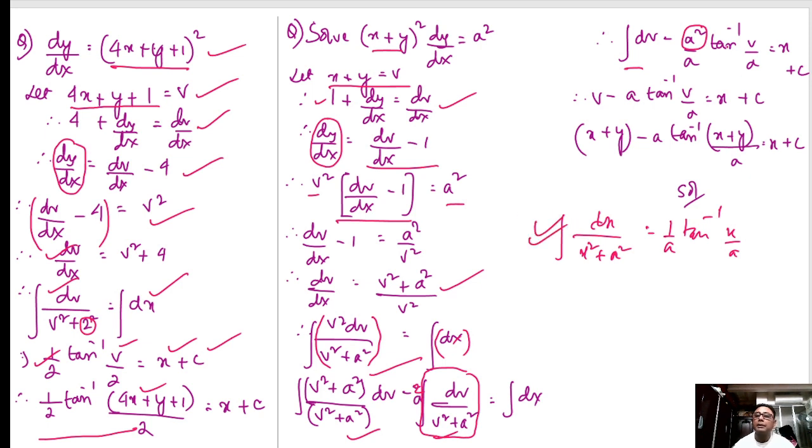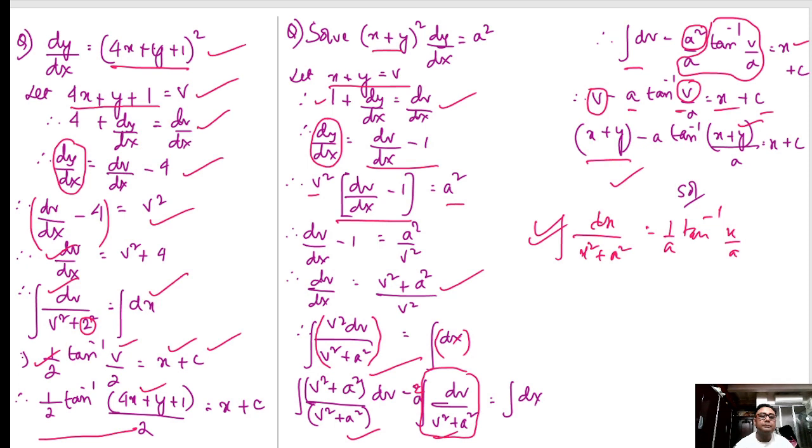This formula is applied here, 1 by a tan inverse v by a. And integration of dx is x. Now in place of v replace with x plus y, and that is your solution of the differential equation.